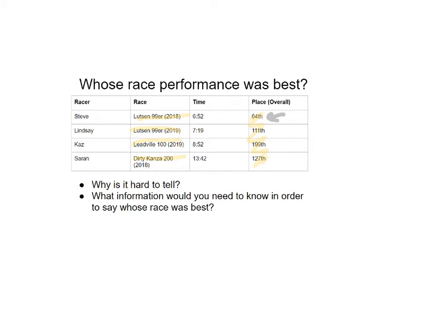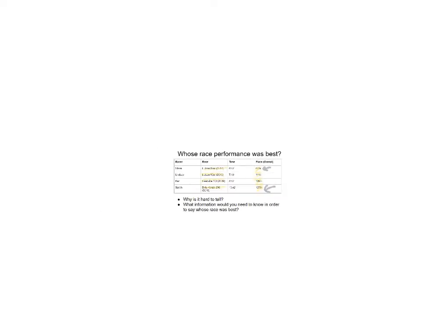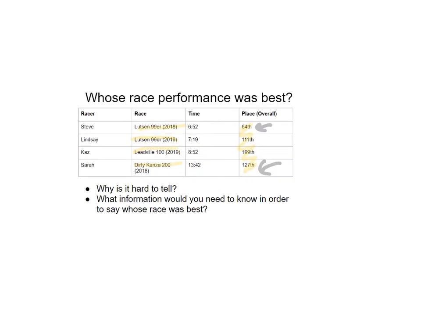Steve might have been 64th in a race with 67 people, so he was close to the end, whereas Sarah ran a race of 200,000 people and she came in 127. That's pretty good. So how do you know how well they did in comparison to others? Let's take a peek at how to do this.